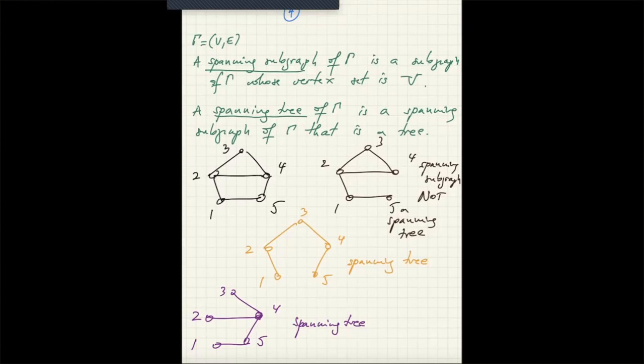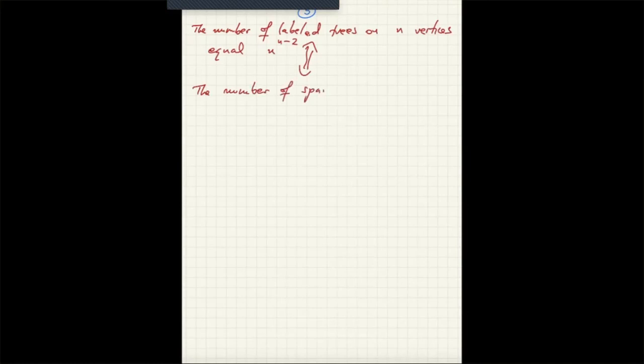Well, I want to do this detour because I want to mention that the theorem that we proved before, that the number of labeled trees on n vertices equals n to the power n minus 2, can be rephrased as saying that the number of spanning trees of the labeled complete graph on n vertices is n to the power n minus 2.